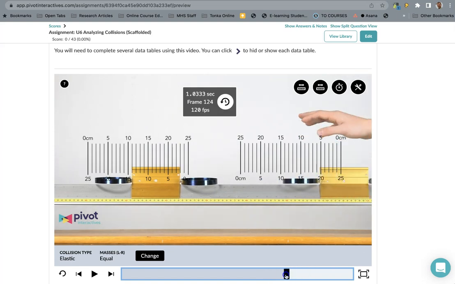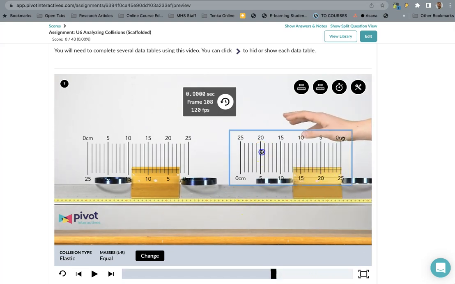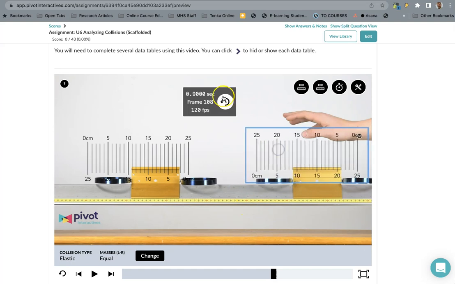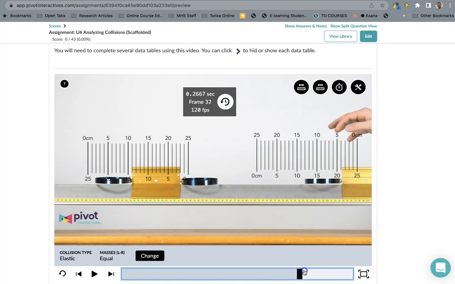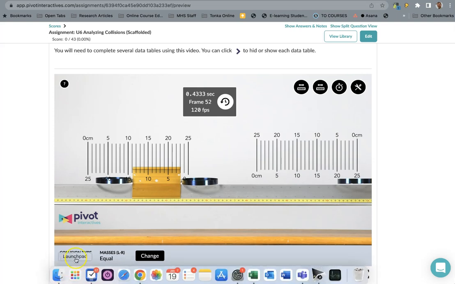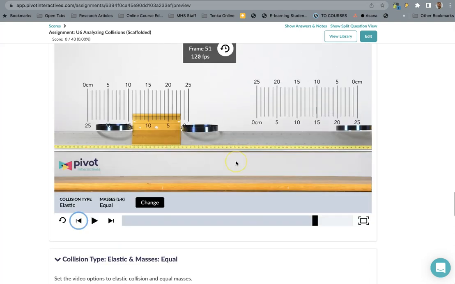I'll let it go towards the end of the clip, and maybe start right about here, as my 0 spot. I'll go those 20 centimeters, and it looks like it's right at about 0.42.